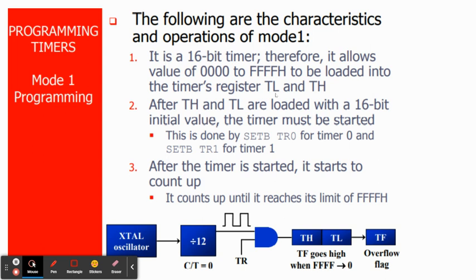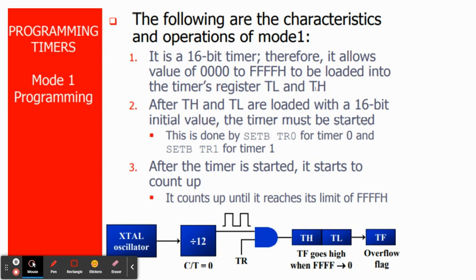Again, each timer, whether timer 0 or timer 1, is 16 bits wide. And the 16 bits are divided into two parts: 8 bits for TL, or the low byte of the timer, and 8 bits for TH, or the high byte of the timer. That's what we mean by TL and TH.